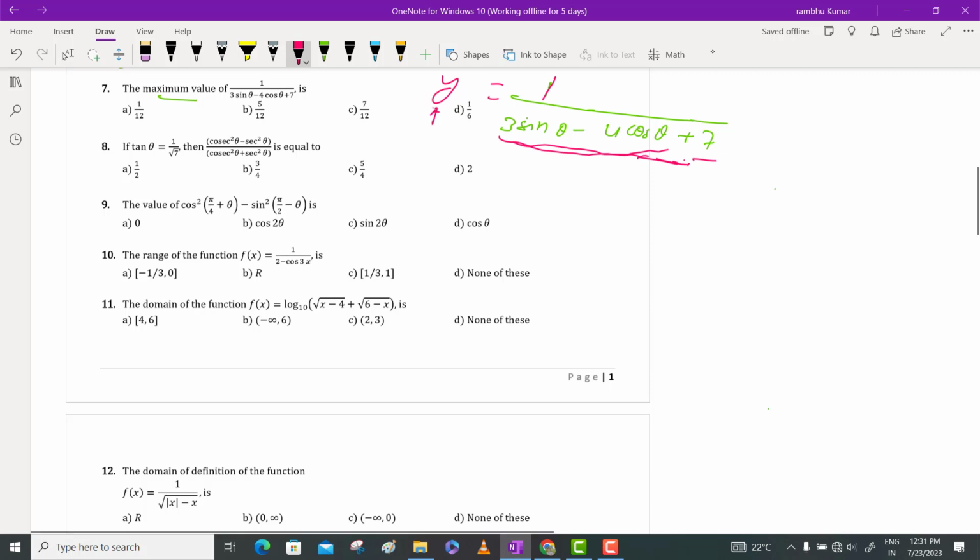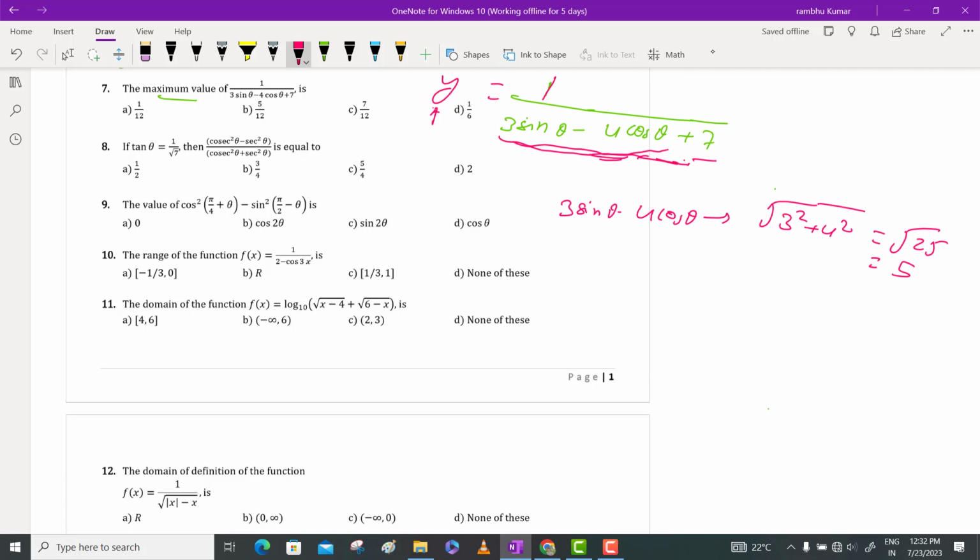All of you know if we have 3 sin theta minus 4 cos theta, then this one has the maximum value root under 3 square plus 4 square, which is nothing but root under 25, which is 5. So the maximum value of this is 5 and the minimum value of this is how much?